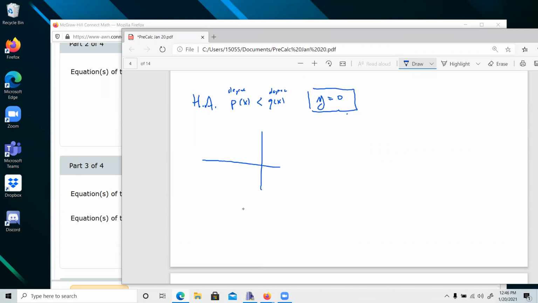We could probably have some kind of a function that did this, right? Where we had an asymptote here, some kind of a function that did this. That's possible, but here we're talking about a piecewise function on top of a rational function with two different asymptotes going on.